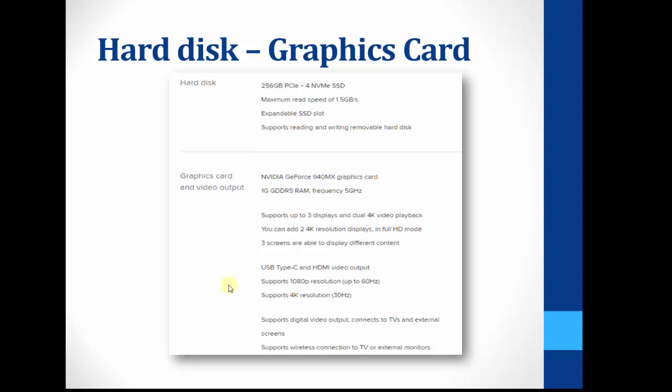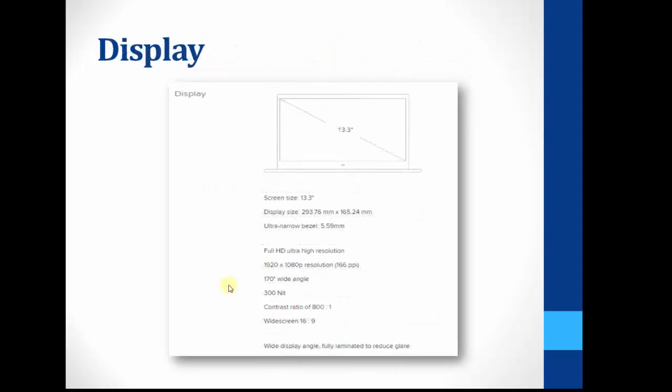USB Type-C and HDMI video output supports 1080p resolution up to 60 Hz, supports 4K resolution and digital video output. It can be connected to TVs and external screens too. TV or external monitors are possible.